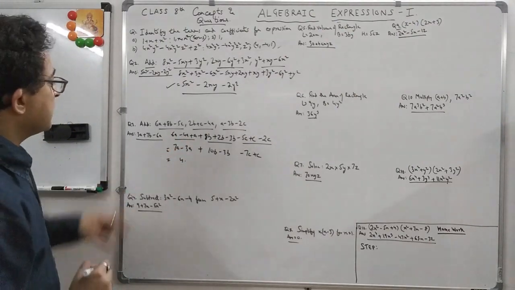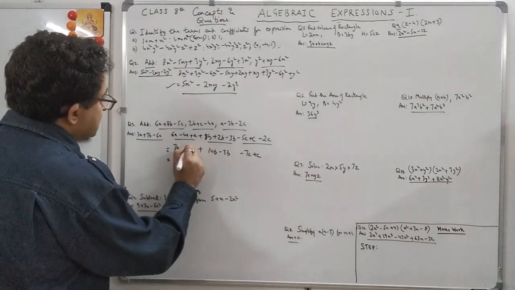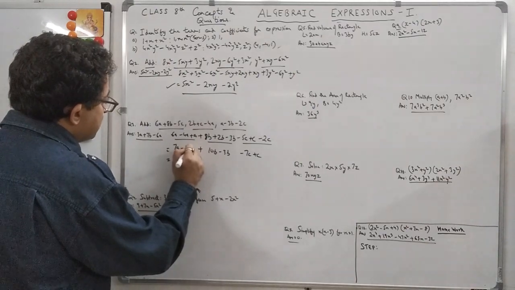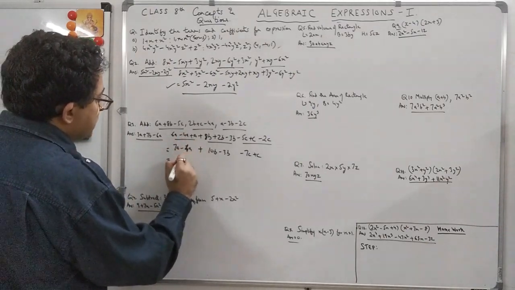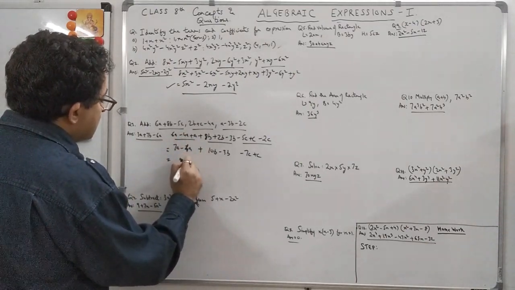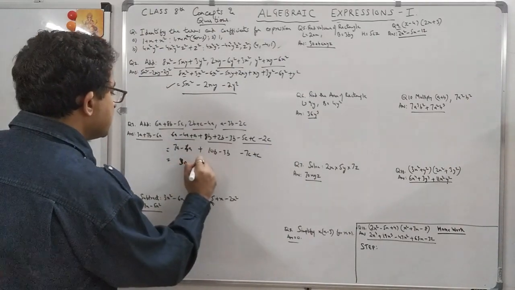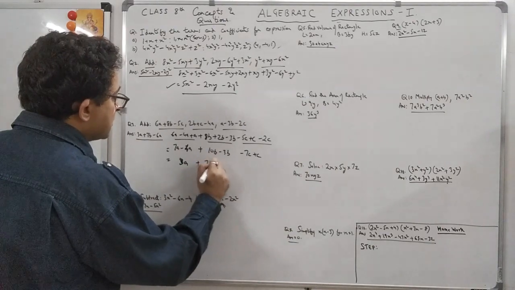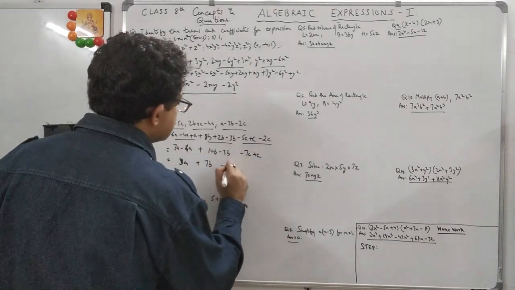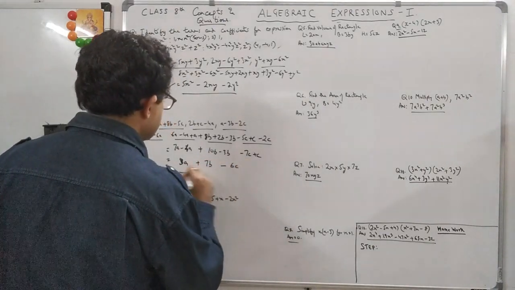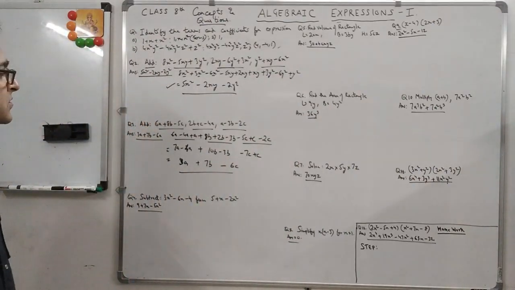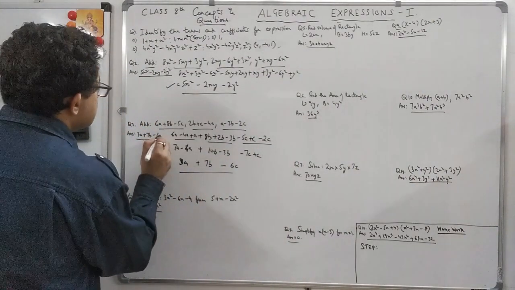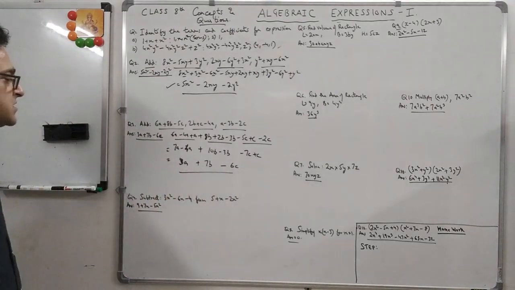Okay, just a writing mistake. 7a minus 4a is 3a. So 3a plus 10b minus 7b, and minus 6c. This is the answer. Should be c here. Okay, matching.